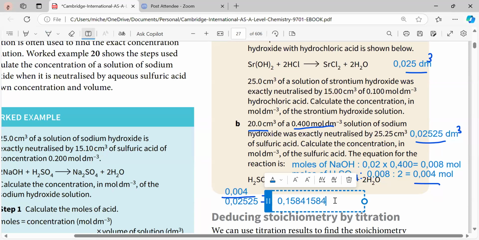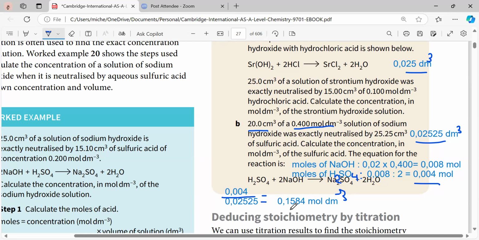When we see a repeating number like this, we can just exclude it. So the concentration of sulfuric acid right here is 0.1584 mol dm^-3. So this is how you find a concentration.